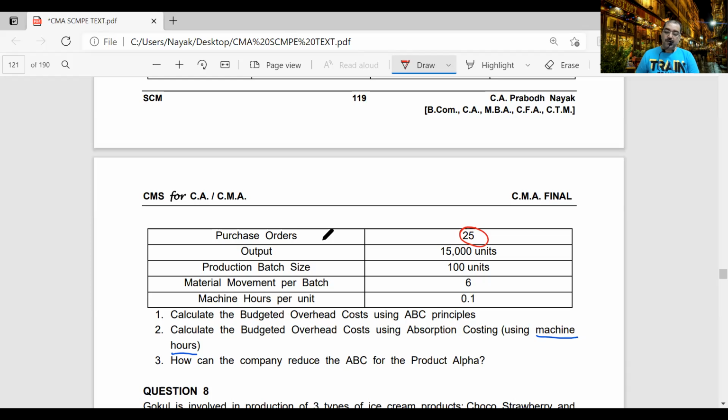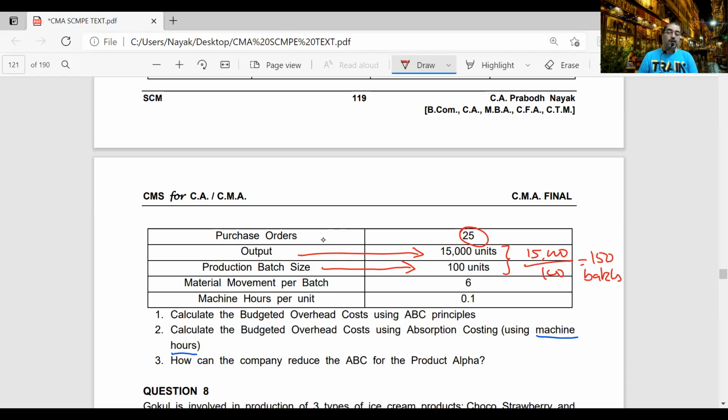They have not given number of batches, but they have given output and they have given batch size. So total we are producing 15,000 units, and in each batch we are producing 100 units. So how many batches will be there? We have to combine this. 15,000 divided by 100. So it will be 150 batches.